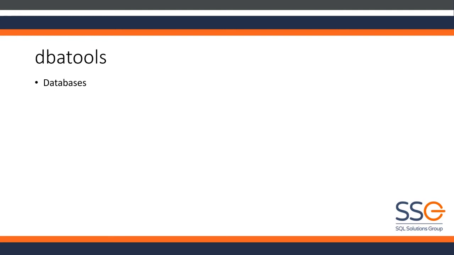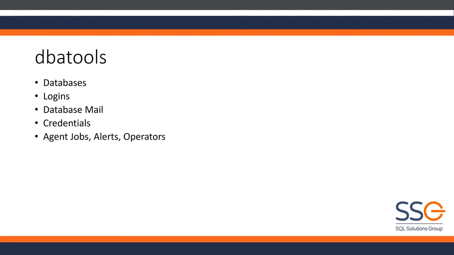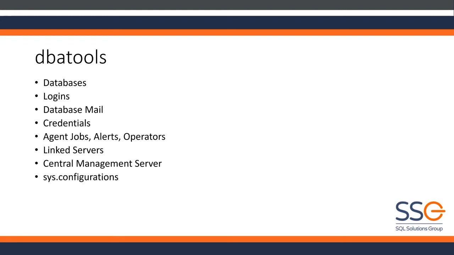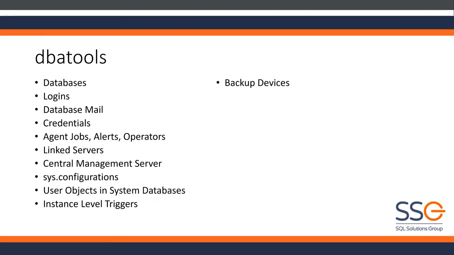Okay, what are some of the things in dbatools that we can migrate? Databases, logins, database mail, credentials, all of our SQL Agent jobs, alerts, operators, as well as our agent properties that we may have set, linked servers. If you are using a Central Management Server, it will migrate that configuration to your new server. Anything in your sys.configurations can be copied over. It looks for user objects in system databases, instance-level triggers, backup devices.